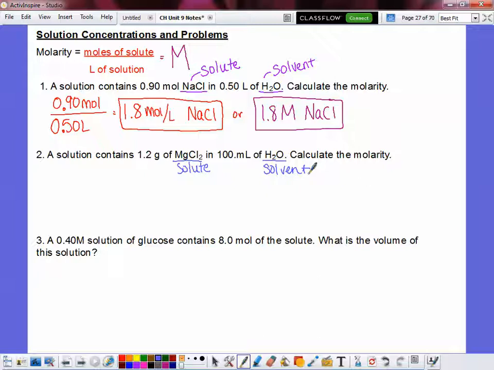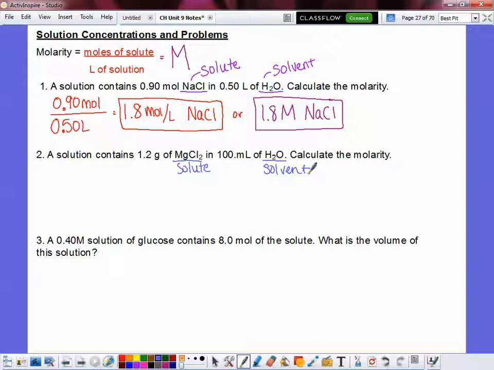Most of the things we're going to be doing are ones where water is the solvent. There might be some example problems where something else is the solvent, like sodium chloride dissolving in acetic acid, but those are rare. Water is called the universal solvent for a reason.